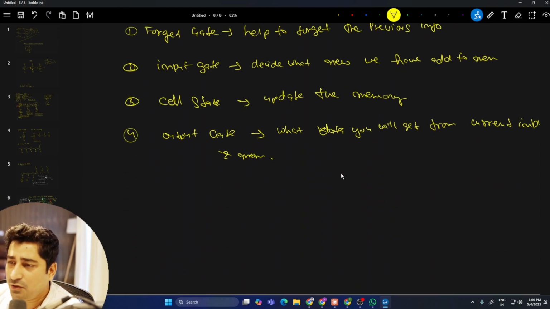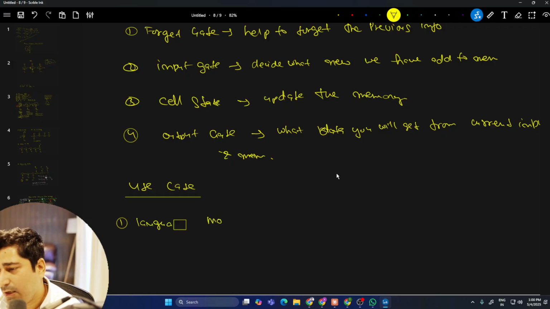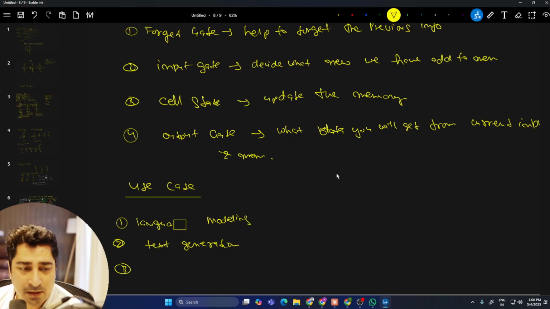Now where can I use this LSTM? Use cases, basically. Obviously I can try to use it in terms of language modeling. Second, text generation. Third, time series or stock price prediction.